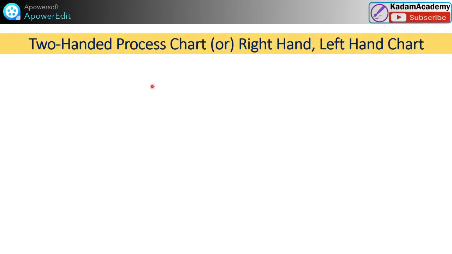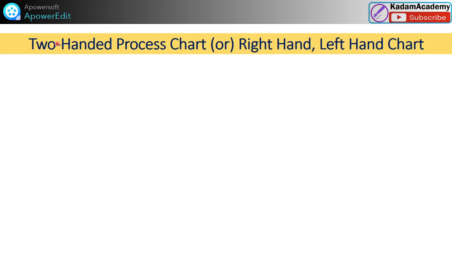Friends, in part 1 we already covered the recording techniques, flow process chart and operation process chart. Our recording technique is by using charts and diagrams. In charts, two methods were already studied.